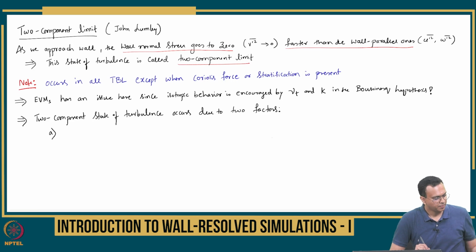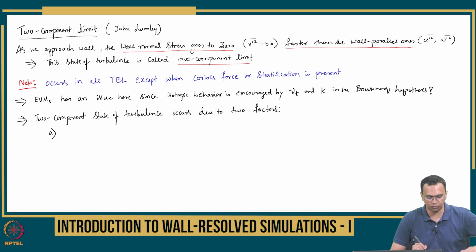One is that there is of course viscous damping for all the three components. So there is something special that is occurring for the wall normal component, that is the wall normal fluctuation or the VRMS, so this feels the wall far away from the wall. The wall parallel ones, that is your URMS and the WRMS, they feel the wall as it approaches the wall very close due to viscous effects.